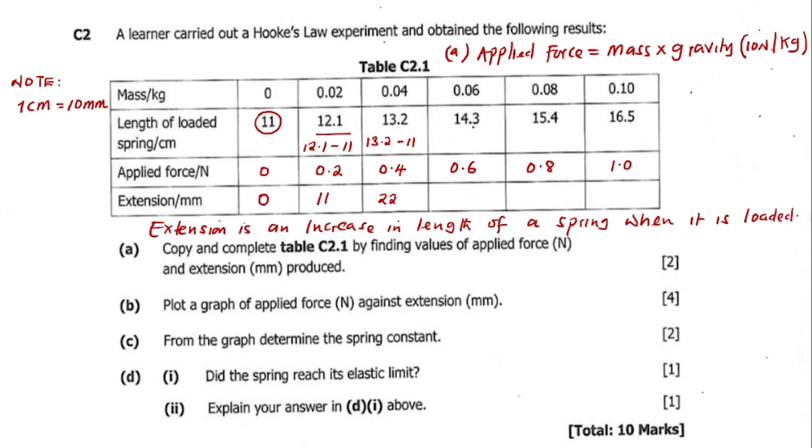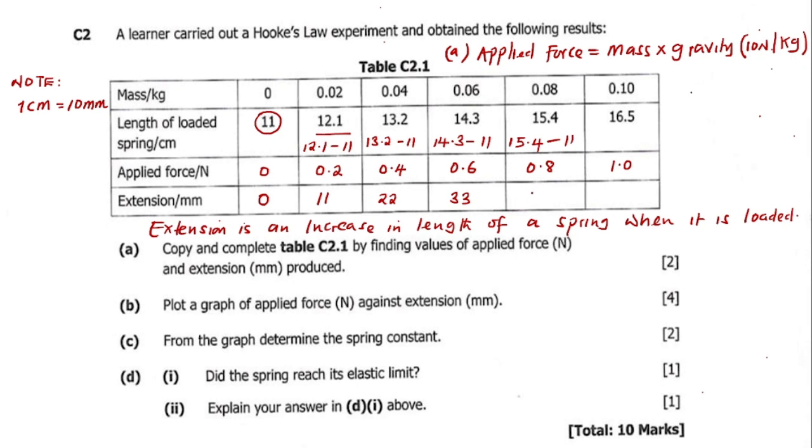Next also we have the 14.3 there, minus the 11, it's going to give us 3.3. You multiply by 10, it's going to give us 33 what? Millimeters. The next one, when the load is 0.8, the spring will stretch to 15.4. Then you subtract the 11, you are going to have 4.4.